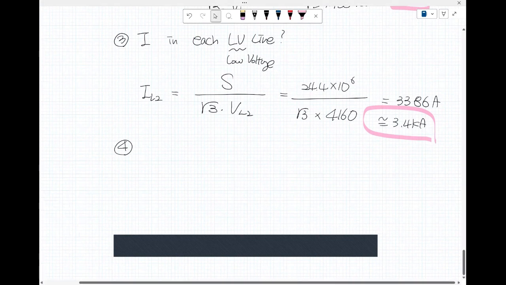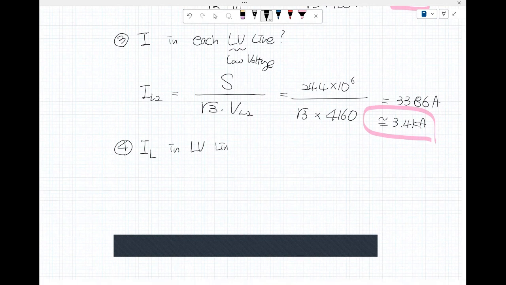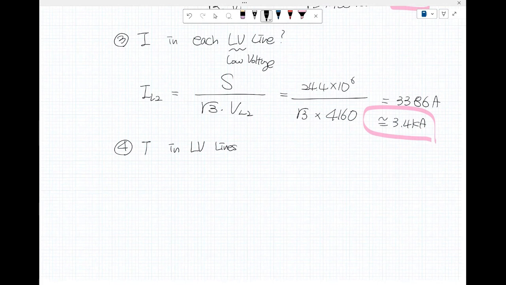And question 4, what is the current in the low voltage lines? The current in the low voltage line means the line current of the secondary part.